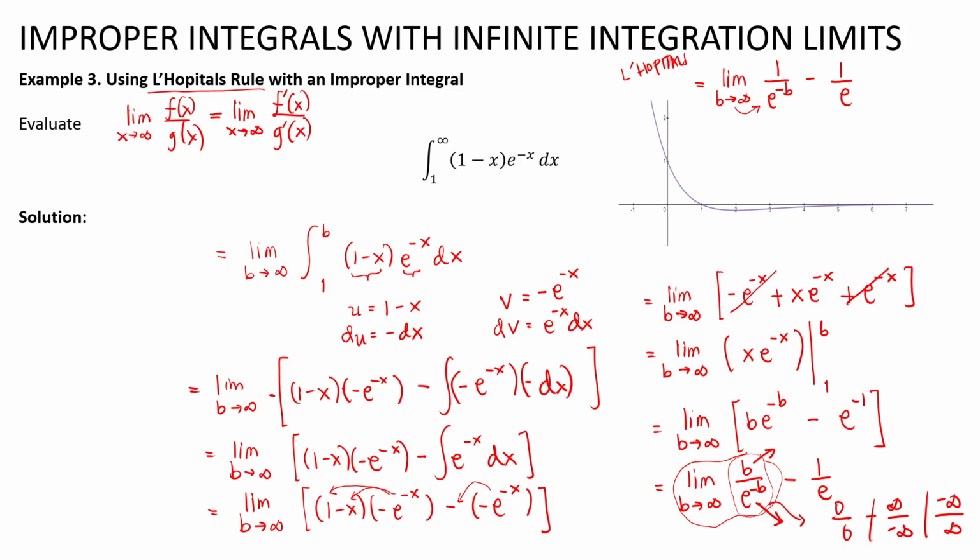It's a very small decimal. If you try to evaluate this manually, plug in 1 divided by e raised to a very large number like 9999999, this is approximately 0. So the answer for your improper integral is just negative 1 over e.